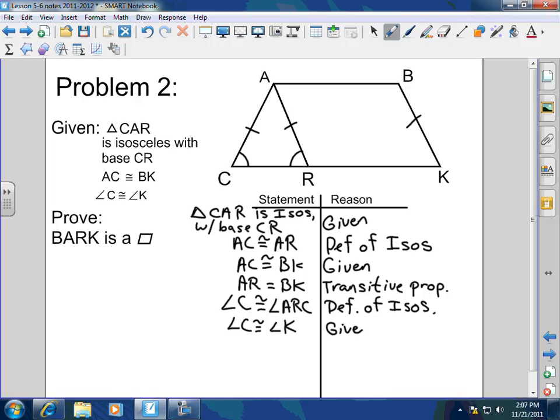So now that I know that angle C is congruent to ARC and angle C is congruent to angle K, what can I say? Angle K is congruent to angle ARC, transitive property. Okay? Now what?